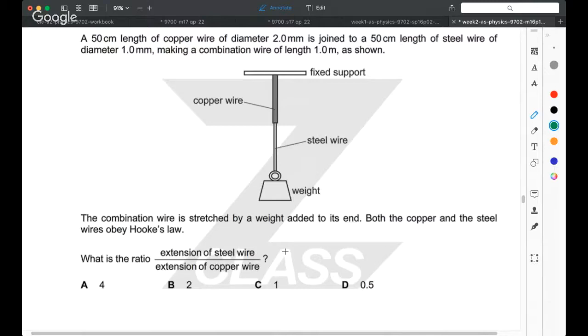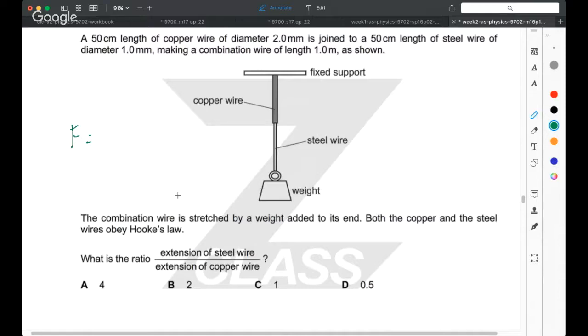What is Hooke's law? I'm trying to remember. Hooke's law talks about the force. The strain of a solid is proportional to the applied stress within the elastic limit of that solid.